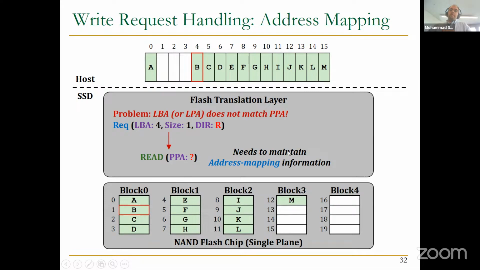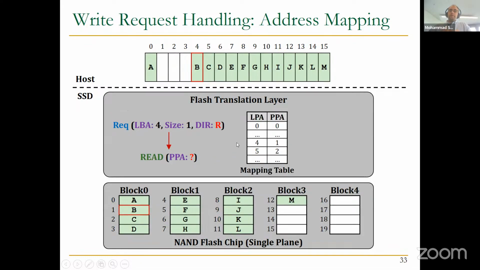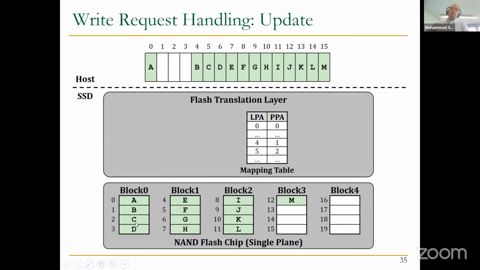That's the reason we need to maintain this address mapping information. So we have this mapping table from logical page address, or logical block address, to physical page address. In this mapping table, we store that logical block address 4 is mapped to physical page address 1. With that information, you can send a read command to the corresponding NAND flash chip and provide the data. That's how it works.